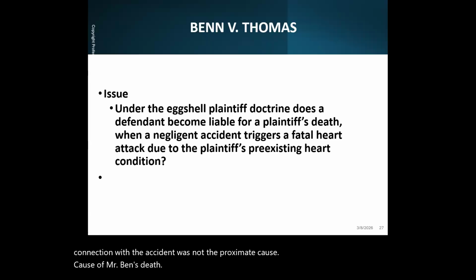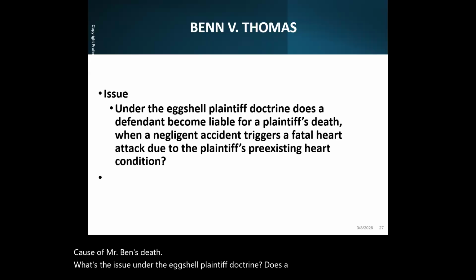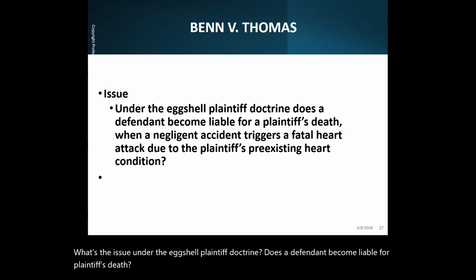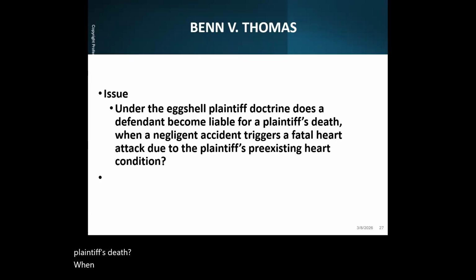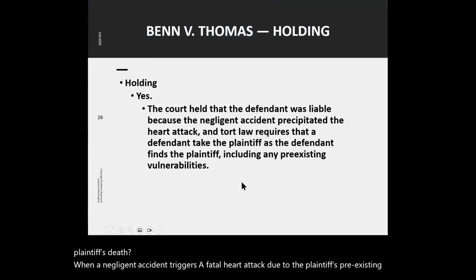What's the issue? Under the eggshell plaintiff doctrine, does a defendant become liable for a plaintiff's death when a negligent accident triggers a fatal heart attack due to the plaintiff's pre-existing heart condition? What was the holding? Yes.